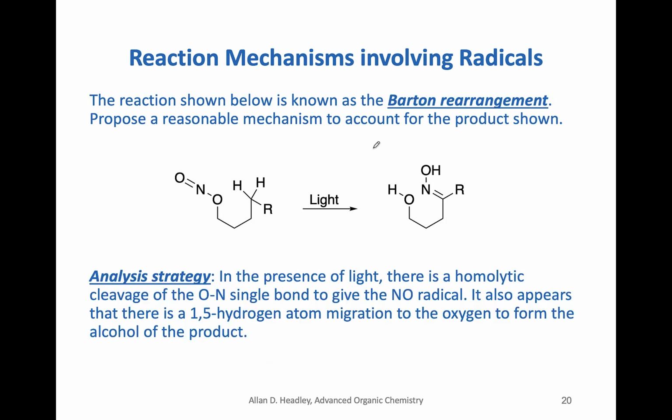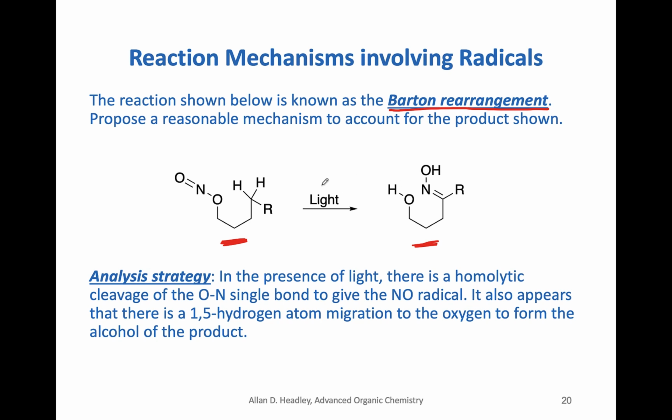Another one, this is a known rearrangement known as the Barton rearrangement. So let's look at this. The question is, can you explain how this reactant goes on to form that as a product? How did that occur?